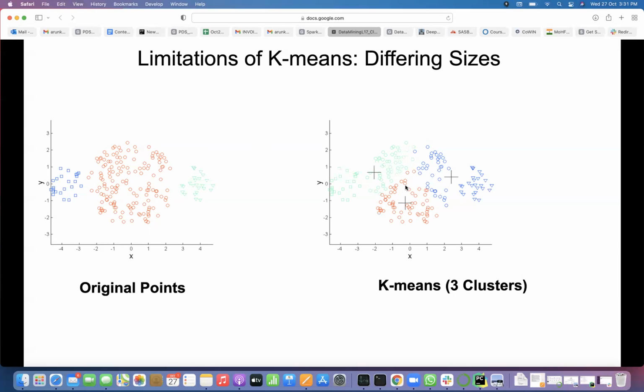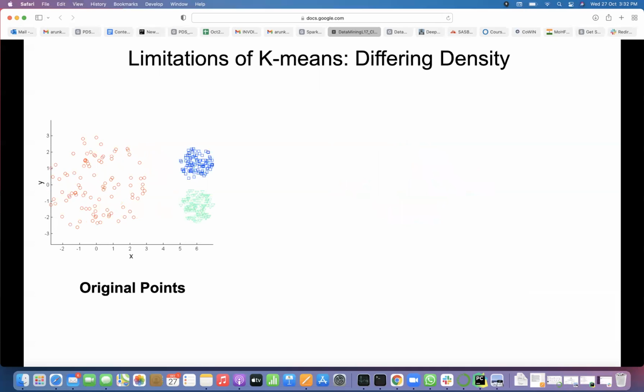Because k-means doesn't look at shape; it computes based on centroids, so you get these types of clusters. The original clusters are of differing sizes, but after applying k-means, you get same-size clusters in some sense. So this is one problem. If your original clusters are of differing sizes, k-means may not work well.